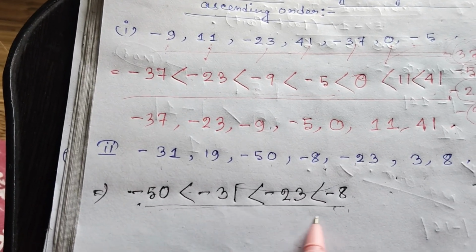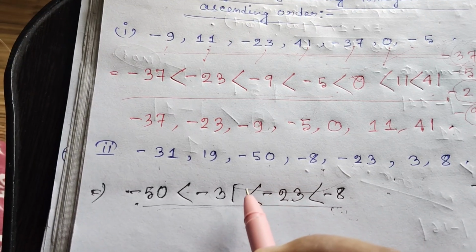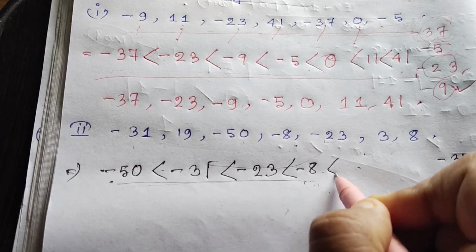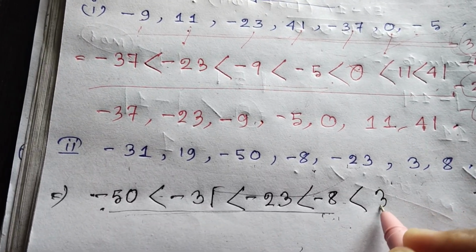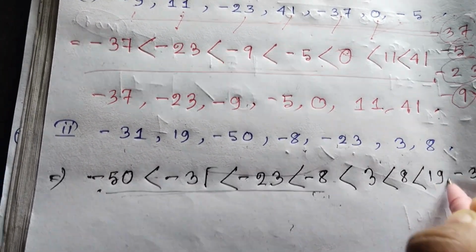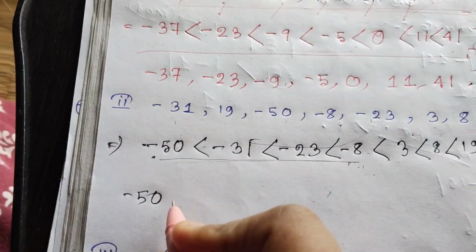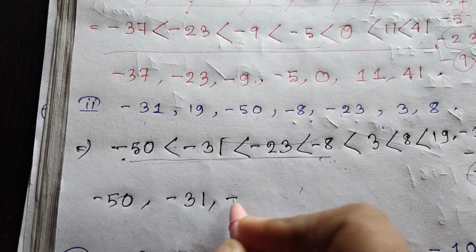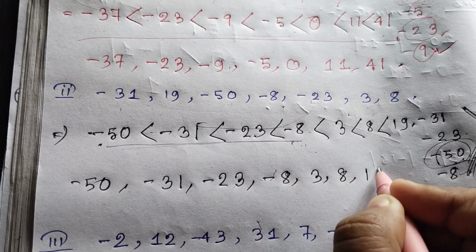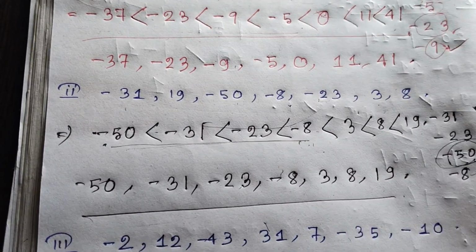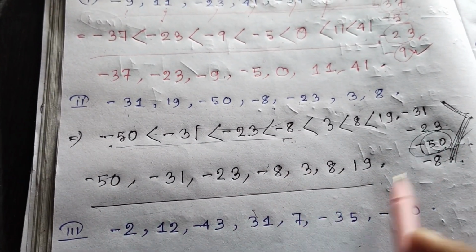We finish the smaller integers, so next will be the positive integers: 3, then 8, then 19. So -50, -31, -23, -8, 3, 8, 19. If we arrange this in ascending order, here is our answer.